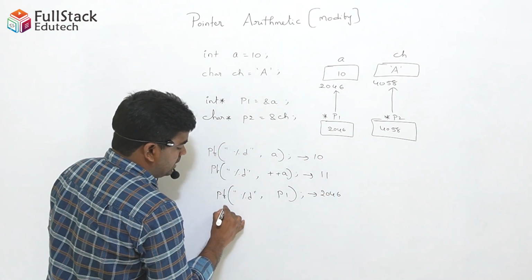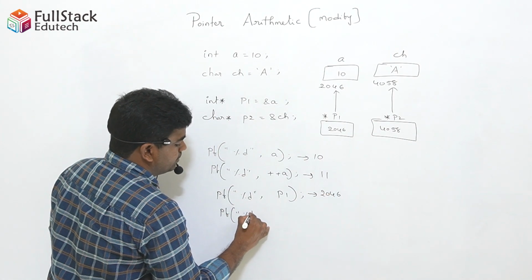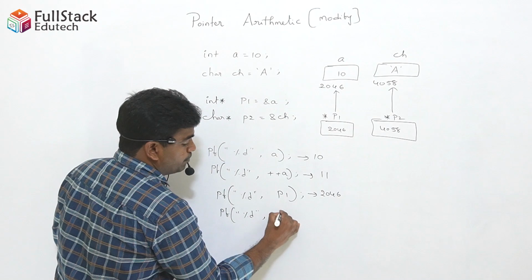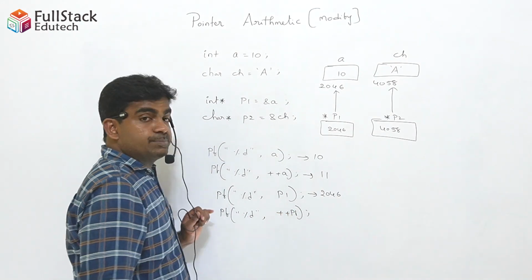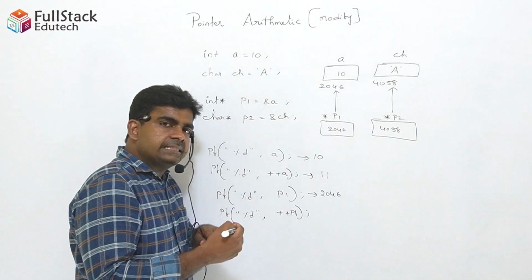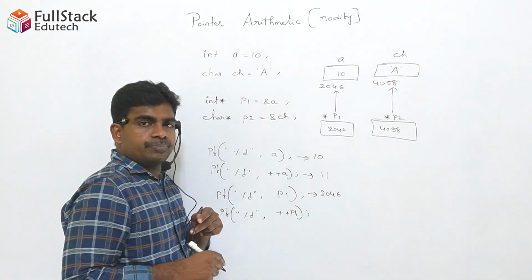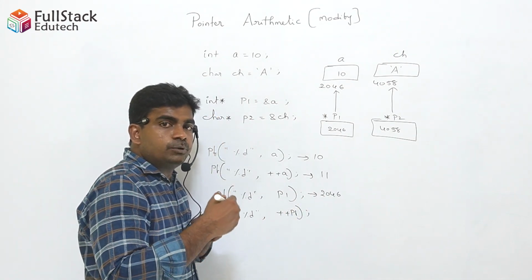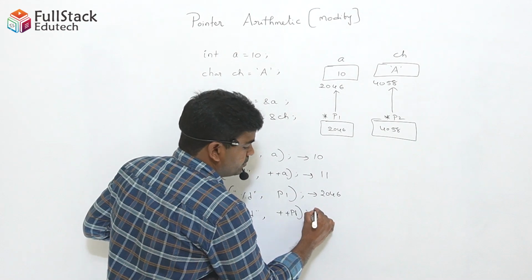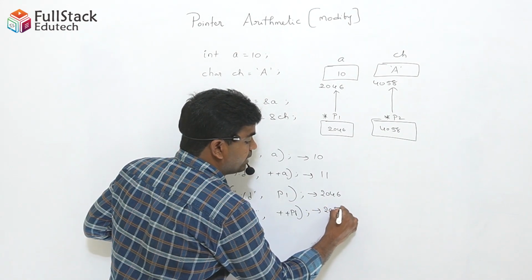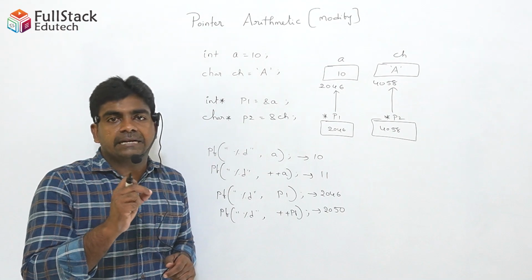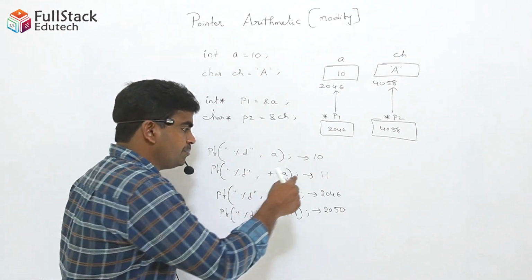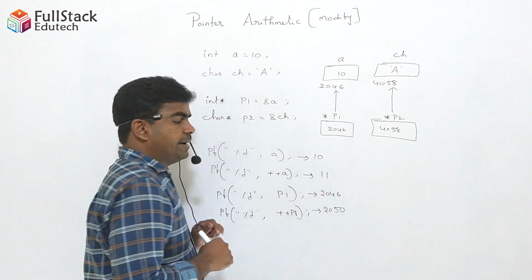but whenever you are printing percentage d plus plus P1, what are we thinking? It's an integer, right? 2046 becomes 2047. No, it will become 2050. Integer occupies how many bytes? 4 bytes. So it will increase by 4 bytes.